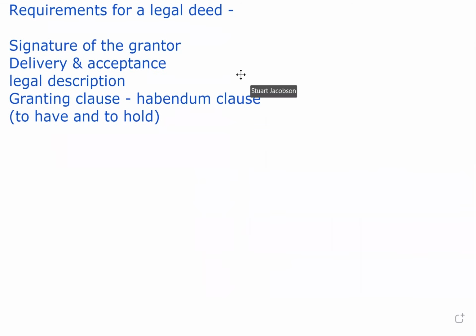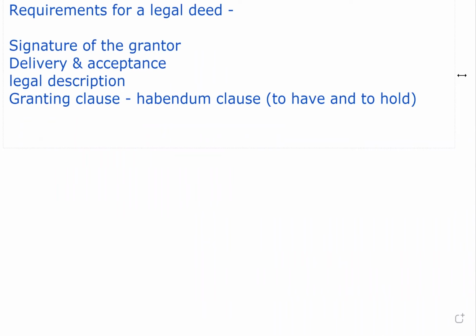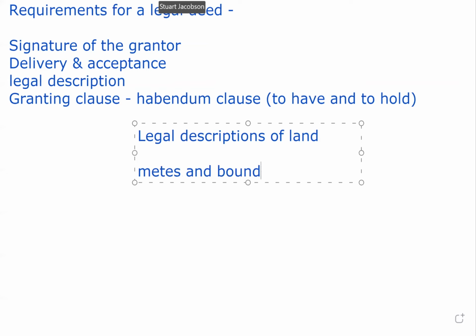Now we're going to talk about the several different types of legal descriptions of land. There are 3. Okay. Legal descriptions of land. Metes and bounds. We use that in the state of New Jersey.